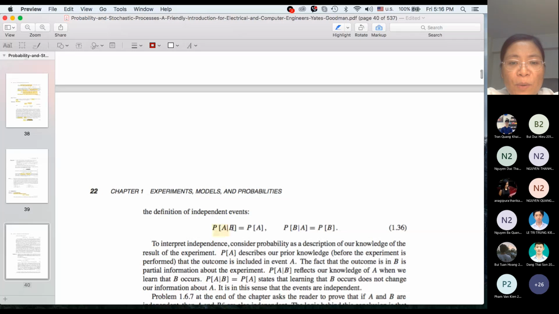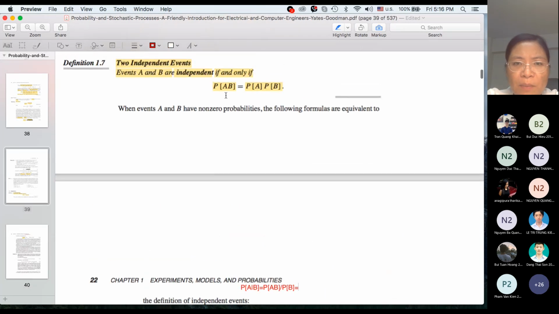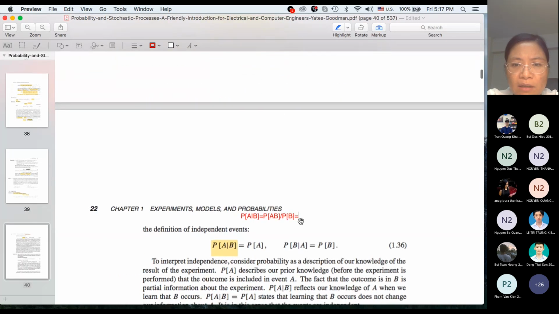You see that probability of A given B equals probability of A and B over probability of B. But A and B are independent if and only if probability of AB equals probability of A times probability of B, right?